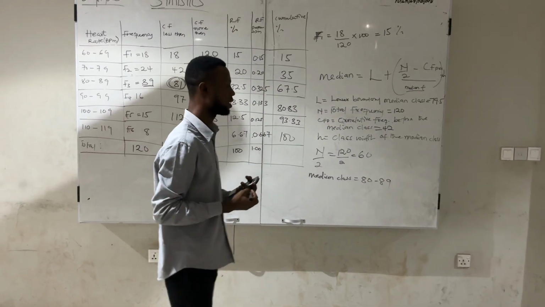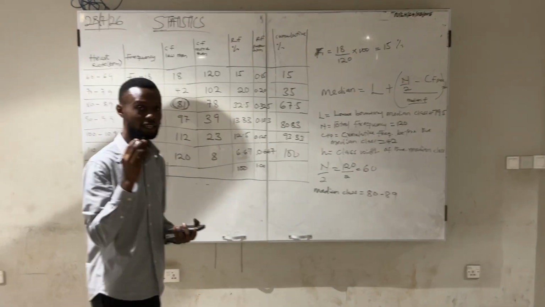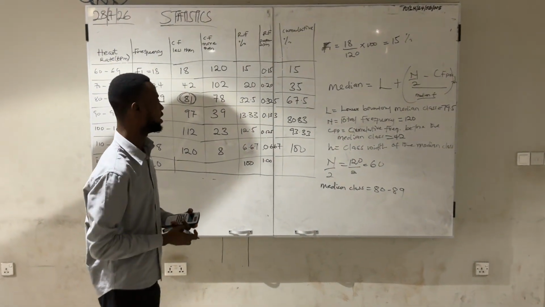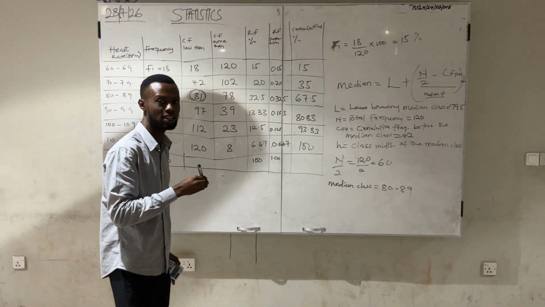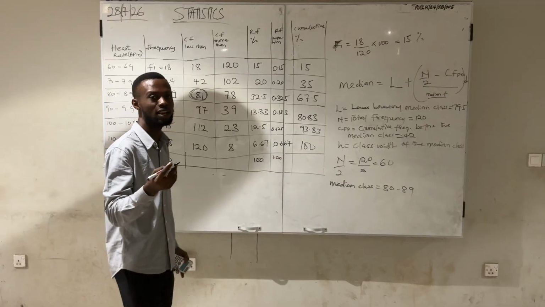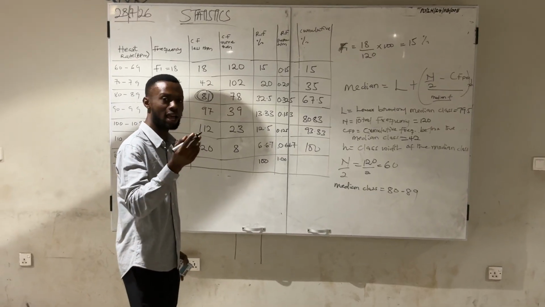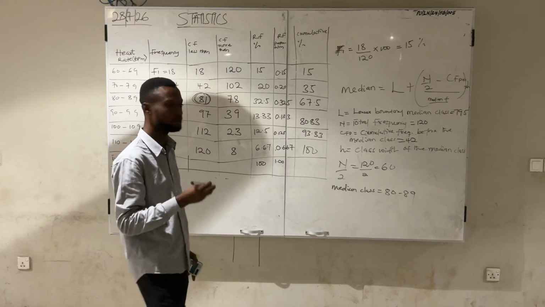Then the class width. For us to get the class width, we have two methods. One is to subtract 0.5 from the lower class limit and add 0.5 to the upper class limit, then subtract the lower boundary from the upper boundary, which will give us 10.